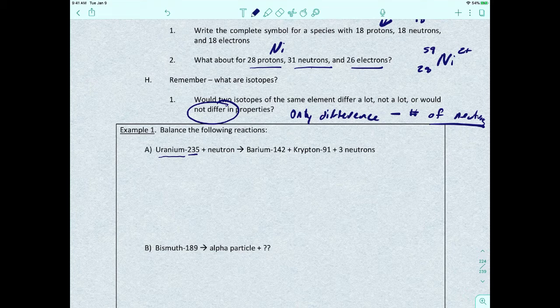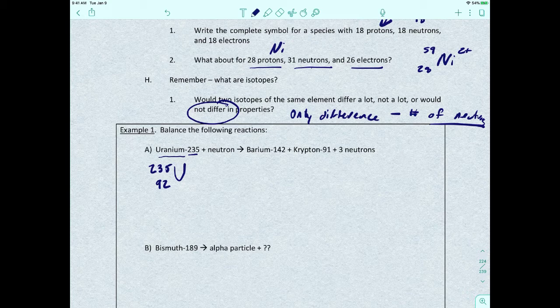So uranium has the atomic symbol capital U, and the 235 would be your atomic mass. So we have to look up its atomic number. On the periodic table, the atomic number for uranium is 92. So that would be the nuclide symbol for uranium-235.